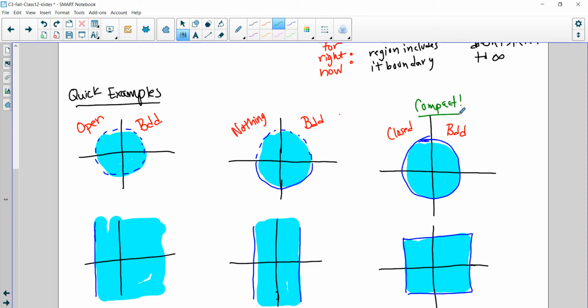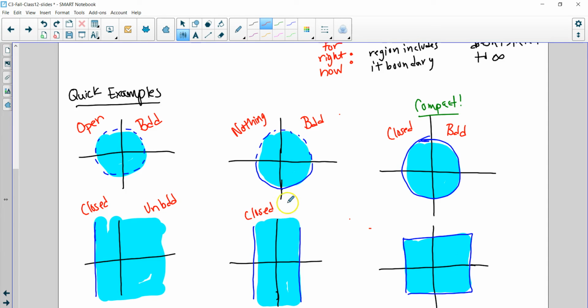Then in the lower left here, we have a region. Its boundary is this dark blue line, and since it is included, we would say that it is closed, which is kind of weird to say, even though it stretches off to the other side. But since it does stretch, we would say that it is unbounded. The next one does include its boundaries by the solid blue lines, and so I would say that this one is closed.